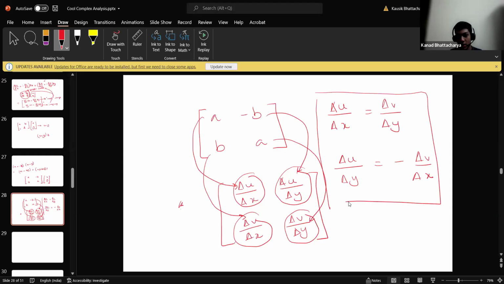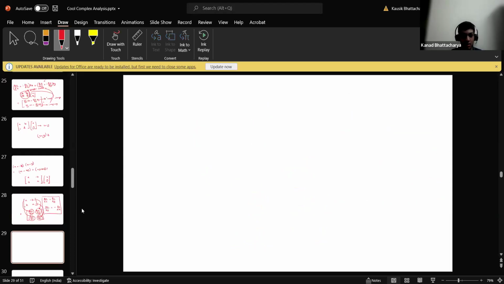Now to use some fancier notation, we write delta u by delta x using this symbol. What this basically means is the change in u by only changing x, as u is actually a function of x and y.